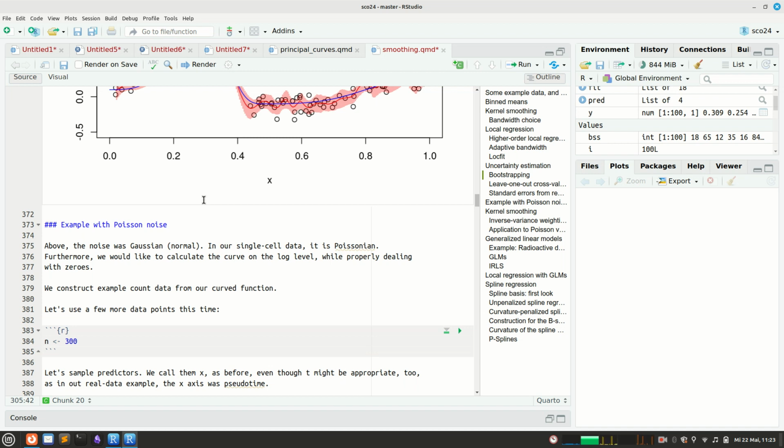So in typical gene expression data, this data here is not Gaussian, but it's a Poisson distribution.